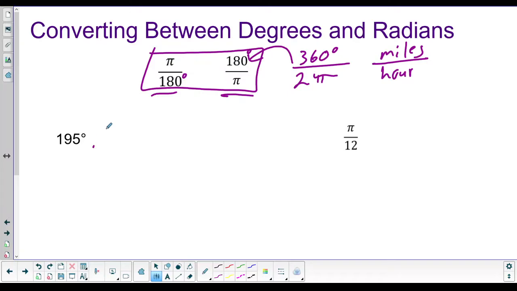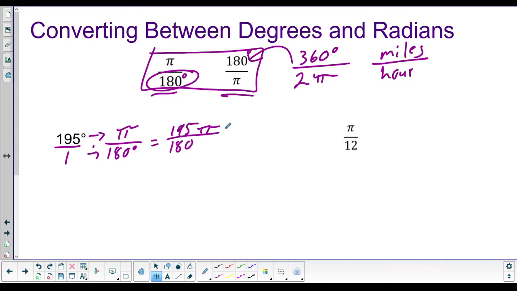So I want to multiply by the fraction with the degrees in the bottom so that the degrees cancel out. For fractions, you just multiply straight across. So we have 195 pi over 180. Then you want to put your coefficients or your integers into a calculator and just have your calculator reduce that for you. This reduces to 13 pi over 12.